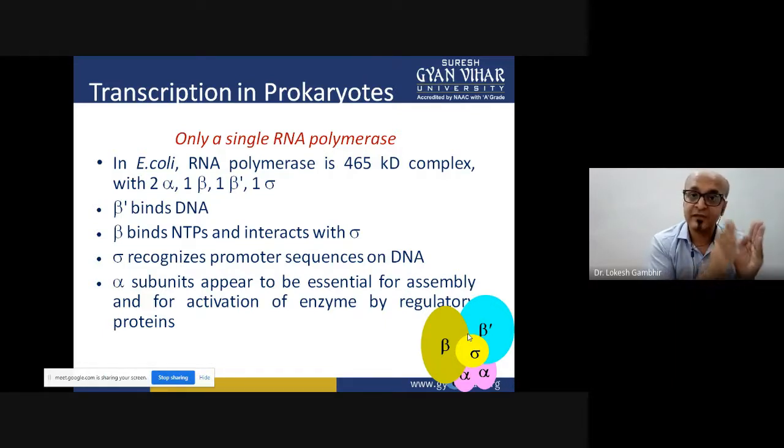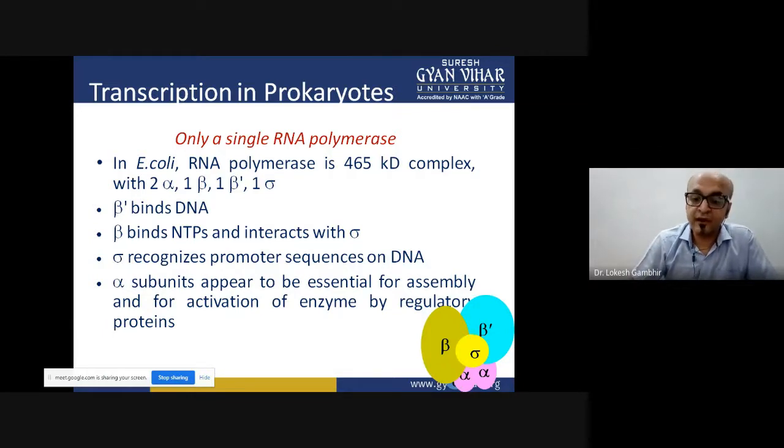There are certain sequences present upstream to the start site, and those sequences are responsible for promoting the transcription. That's why the term promoter was coined for them. So recognizing where the promoter is and preparing for the transcription, signaling that right now you have to stop and look forward towards the transcription, that's the job of your sigma subunit.